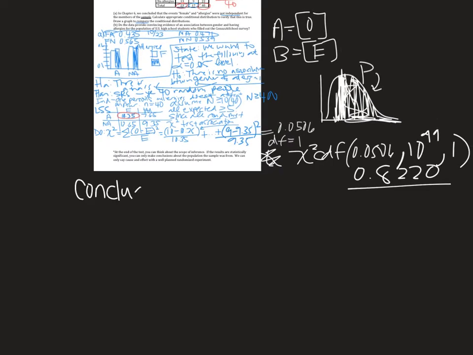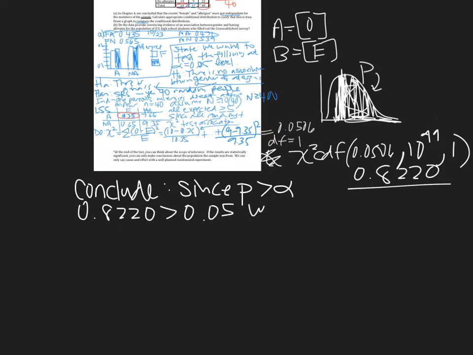Here's our conclusion. Since p is greater than alpha, 0.8220 is greater than 0.05, we fail to reject the null.